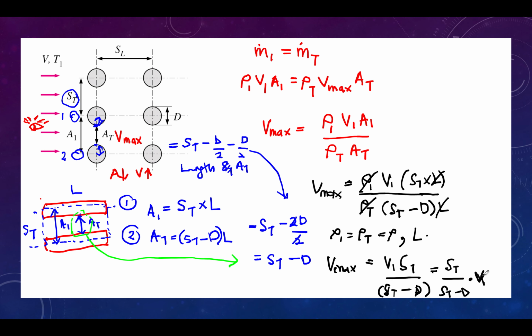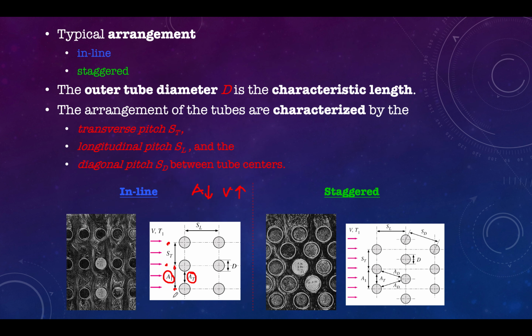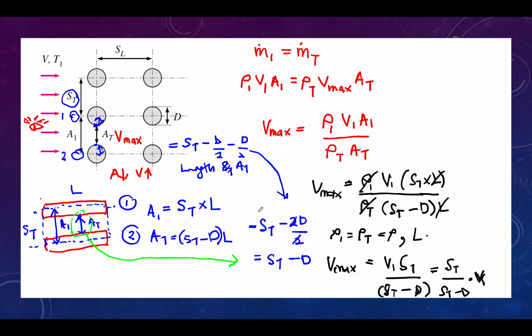This equation is the same as here. So we already derived the equation for V maximum for inline arrangement. V1 is V, the flow of the fluid that enters the tube bank. So this is how we derive the V maximum equation for inline arrangement.